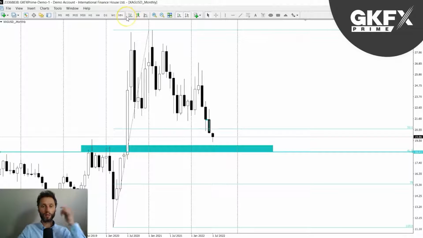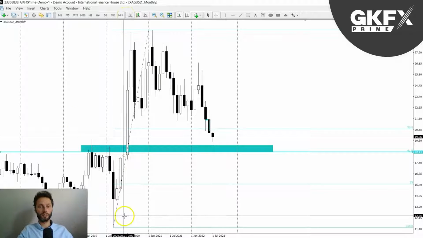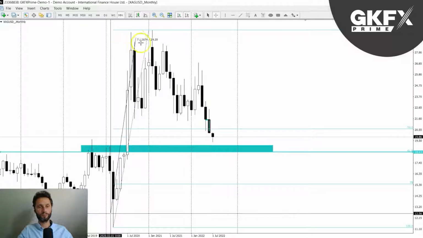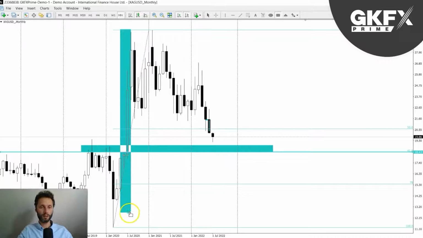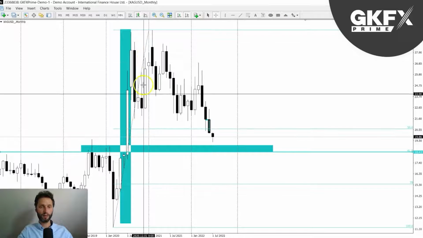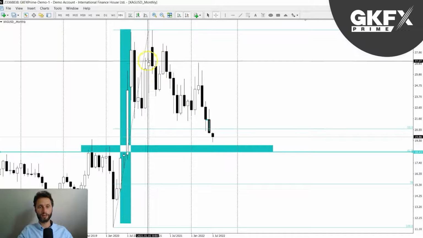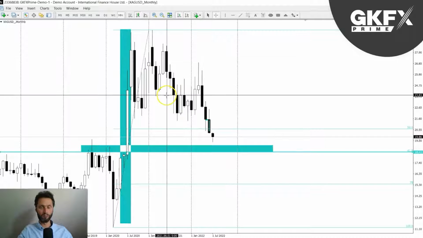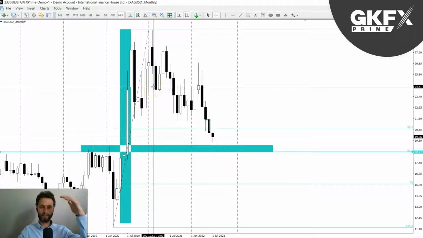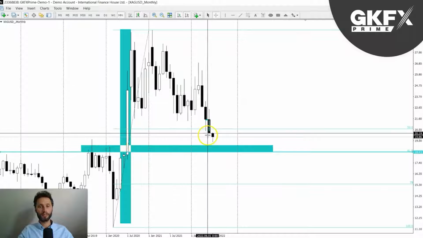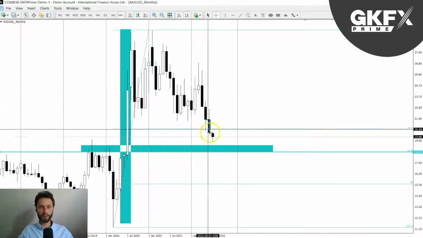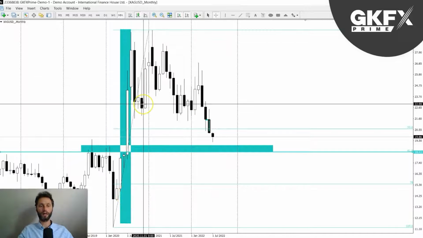You can see the strength of this big move here, and this is just the retracement of this big move. So I am looking for overall higher prices in the very high time frame. This is the monthly, remember, but at the moment I can see that we're in a retracement of this higher picture.